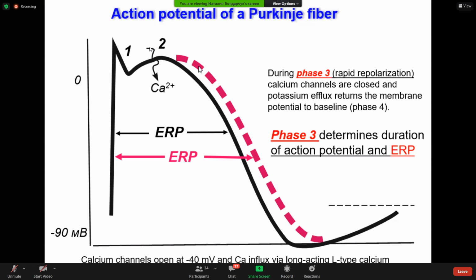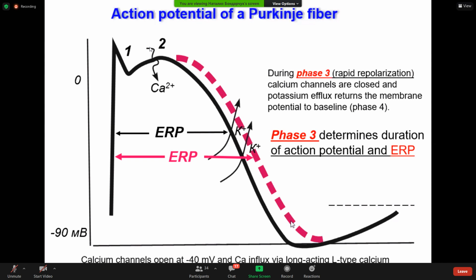So with the red line, you will see that it is the prolongation of the third phase, and such drugs as potassium channel blockers increase the duration of the third phase.